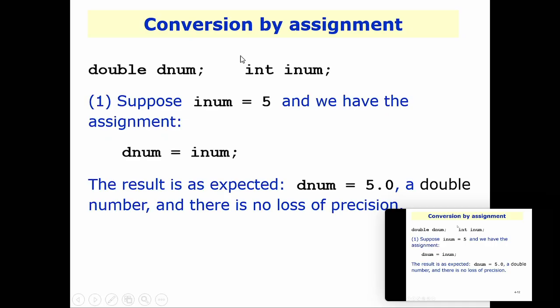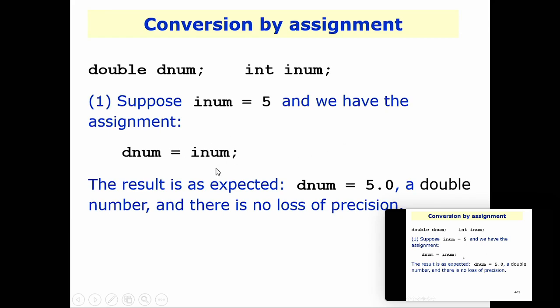Okay, so this is another example, conversion by assignment. In the previous slide we had operation, but now we have variable dnum whose type is double, and inum is integer. Then we assigned value 5 to inum, and we have assignment right here. So dnum equals inum.